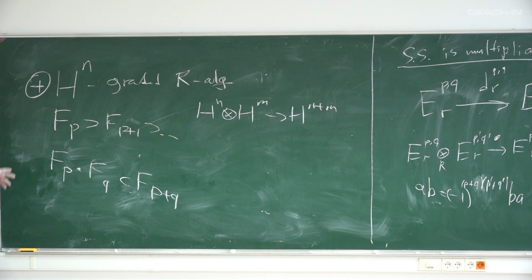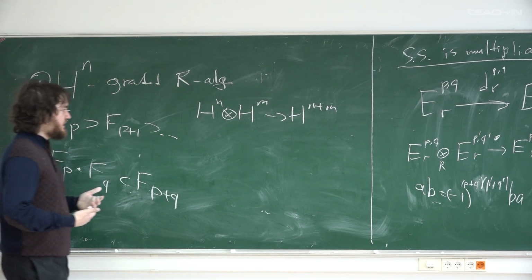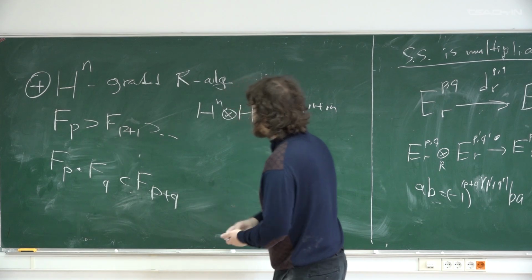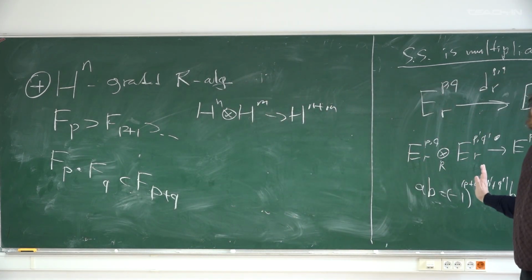Okay? This means that filtration also respects multiplication, or multiplication respects filtration. They respect each other. It's multiplicative filtration, okay? And from this thing, you can obtain multiplication on induced quotients. And this multiplication must coincide with multiplication on E-infinity page. Okay.